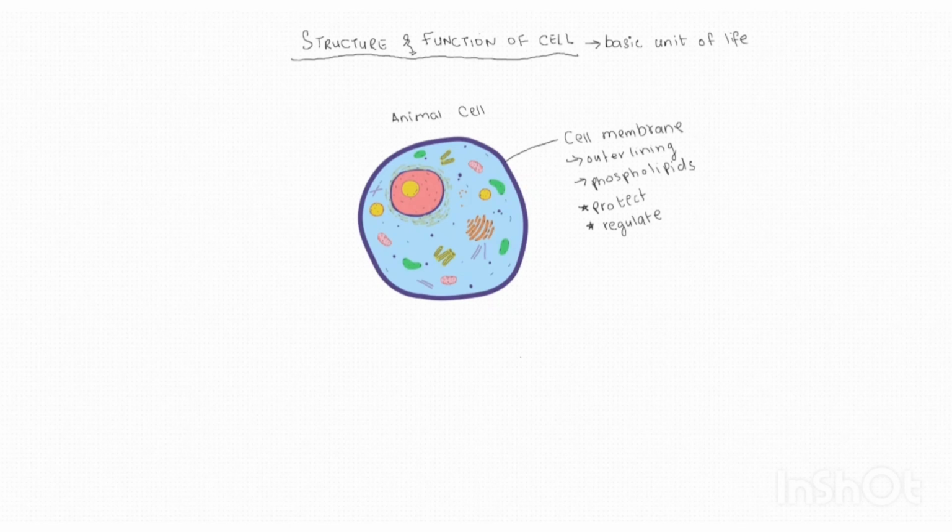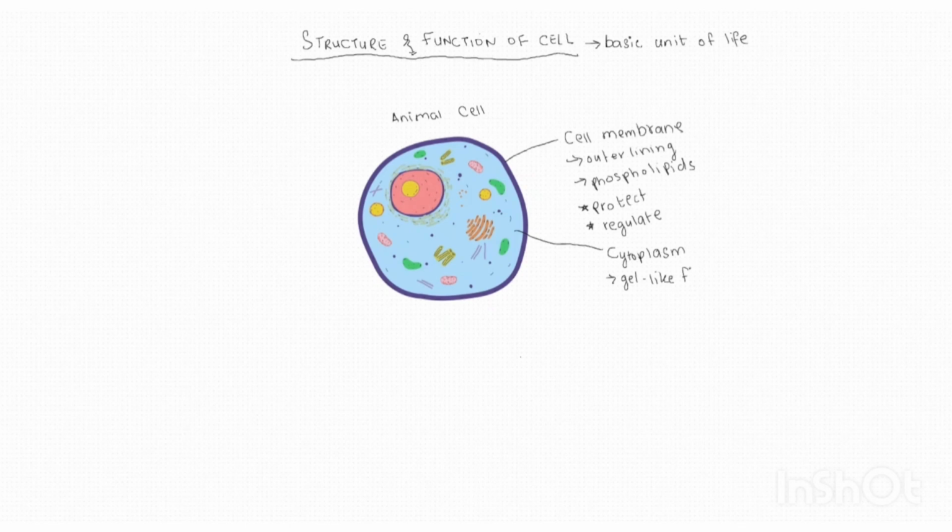Okay, next we will look at the other part of the animal cell, which is the cytoplasm. Whenever I draw a star, just remember that that's the function of it, okay? So the cytoplasm is basically this whole gel-like structure, colored in blue here.